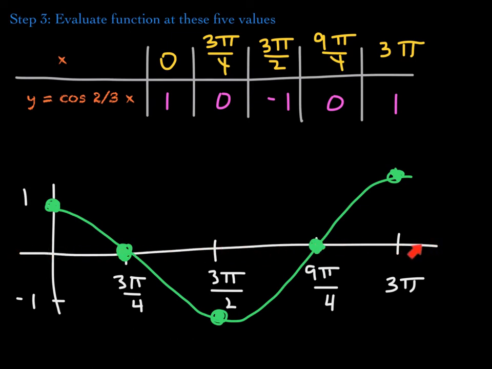So the height above the x-axis is 1 unit, or the height below the x-axis is 1 unit. The amplitude is 1. This was step 4, by the way. I was labeling my steps, and I guess I failed. Step number 4 is plotting the points and drawing a smooth curve with amplitude 1.